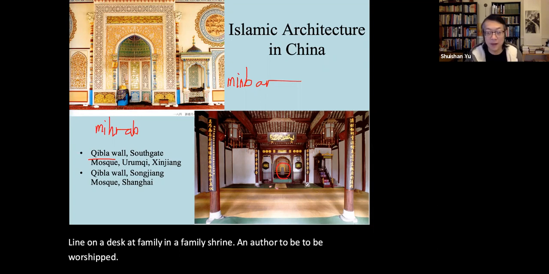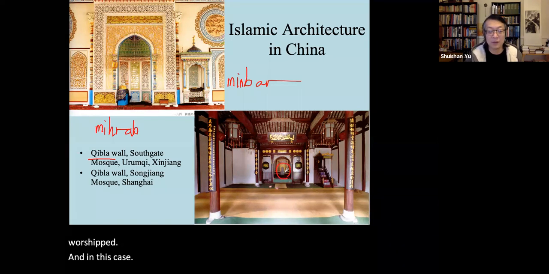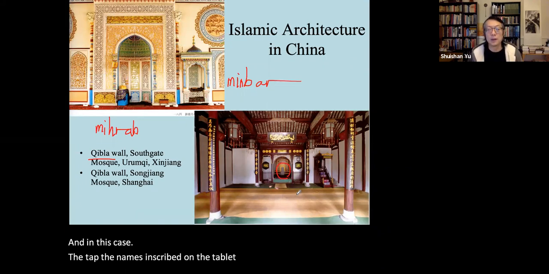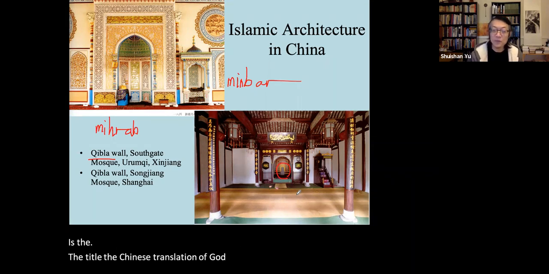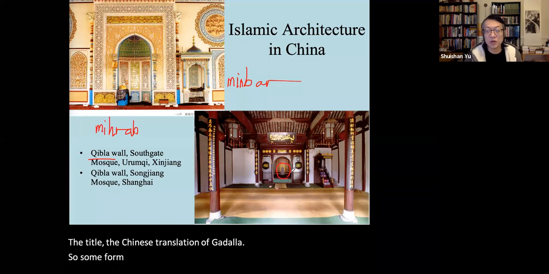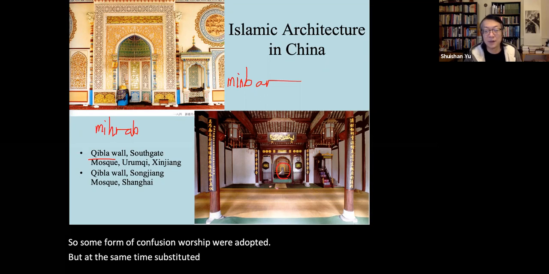And in this case, the name inscribed on the tablet is the title, the Chinese translation of God, Allah. So some form of Confucian worship was adopted, but at the same time substituted with Islamic content.